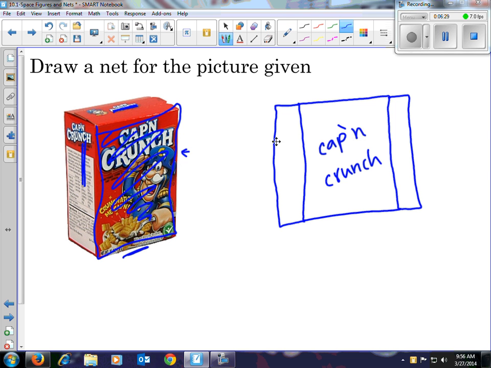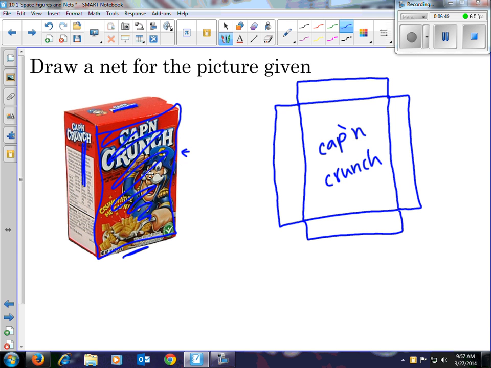And then I have a top and bottom that are both the same size as this width. So it's going to go up here like this, and then down here like this. Now it is a net and I have to have it all connected, and I still have the back piece.